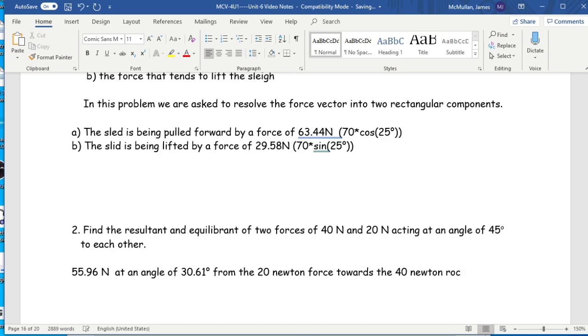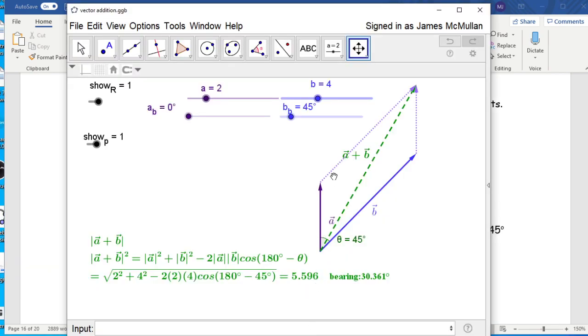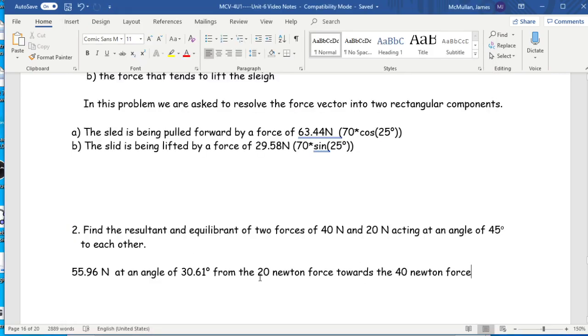Again, I'm not too concerned with how you describe this, as long as you had a clear picture or were able to articulate to me in whatever way that you're referring to the little angle in between the purple and the green dashed line. Again, it's towards vector B, towards the 40 Newton force, not away from it, like over on this side. Okay, so that's our answer for that one.